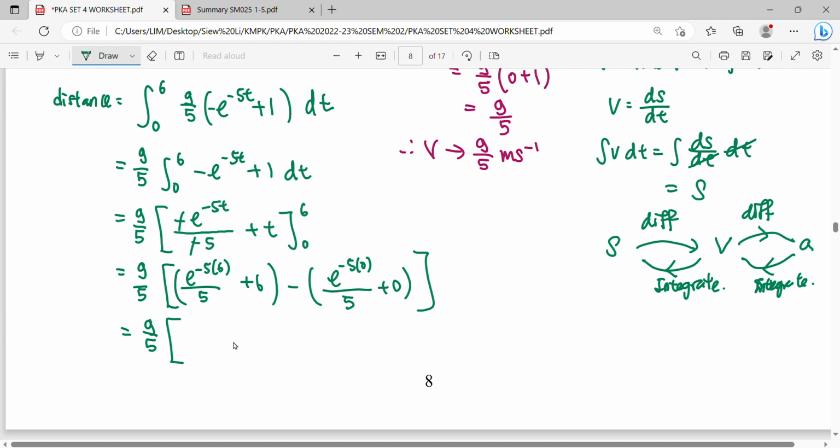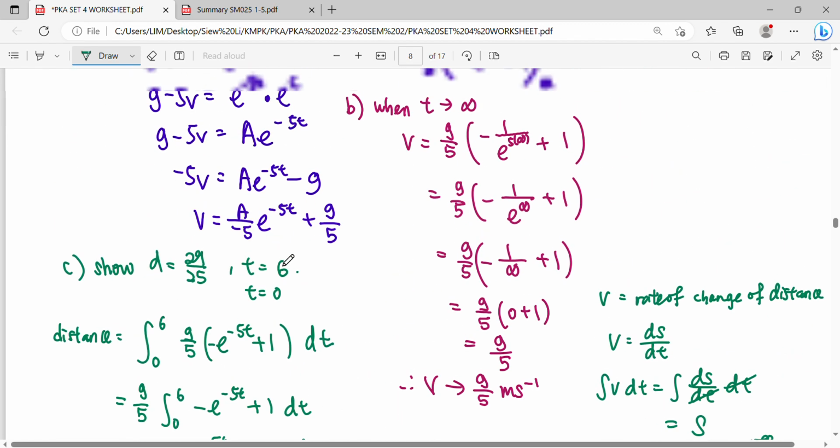This part is 6. 6 plus 6. Total here 6. Here? Zero. How can it be zero? 1 over 5. This one total 1 over 5, right? Okay, so 6 minus 1 over 5, then times 5.